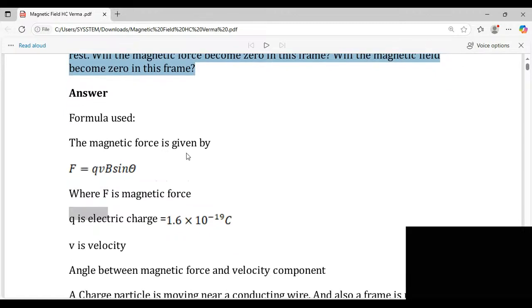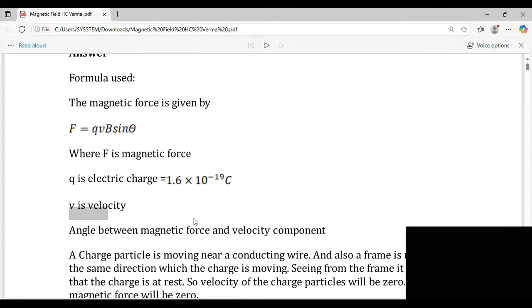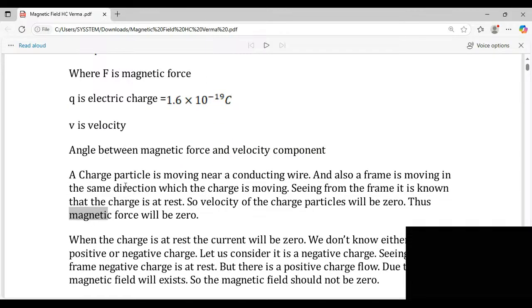In this answer, we use the formula: the magnetic force is given by F = qvB sin theta, where F is the magnetic force, q is electric charge, which is 1.6 into 10 to the power minus 19 coulomb, v is the velocity, and theta is the angle between the magnetic field and velocity.